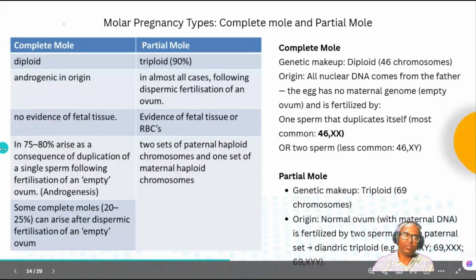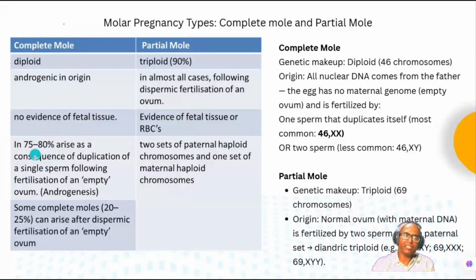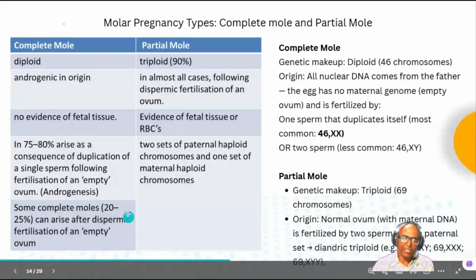Okay, so the genetic composition, most commonly, is 46XX. The ovum is empty, there is no genetic material, and a 23X sperm fertilizes it and gets duplicated, forming 46XX. This is the commonest. But in 20-25% of cases it can be dispermic fertilization of an empty ovum.